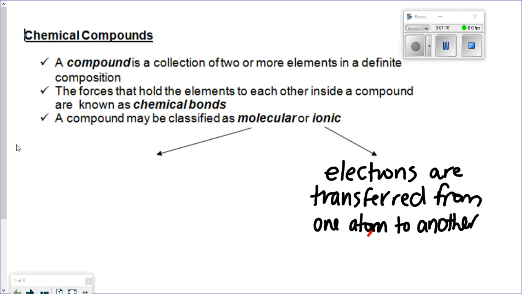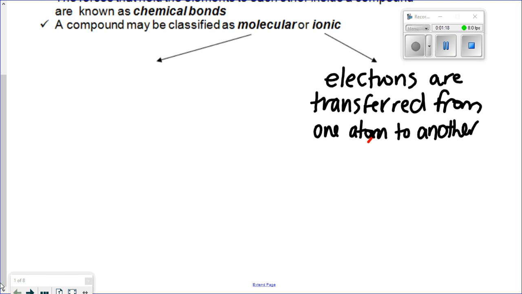And so again, that's the formation of ions. And a molecular compound is different in that no ions are actually formed.